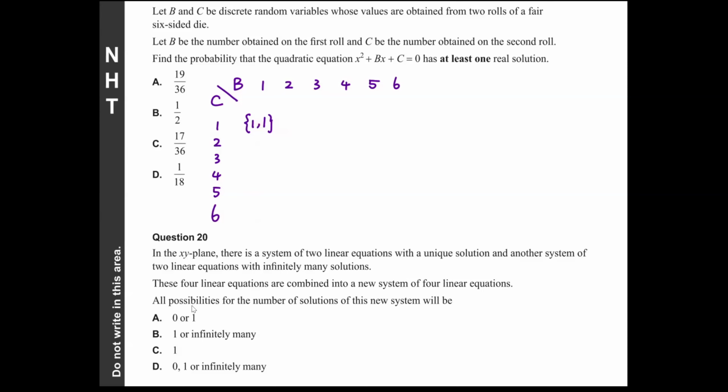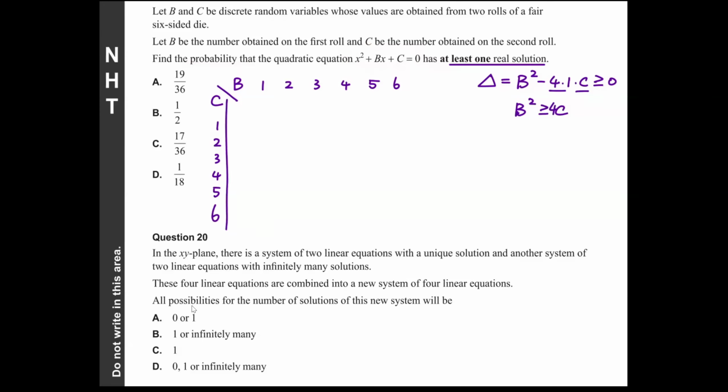And I would like the probability that a quadratic equation has at least one real solution. That means delta equals b squared minus 4 times 1 times c is greater than or equal to 0. So I need b squared greater than or equal to 4c.